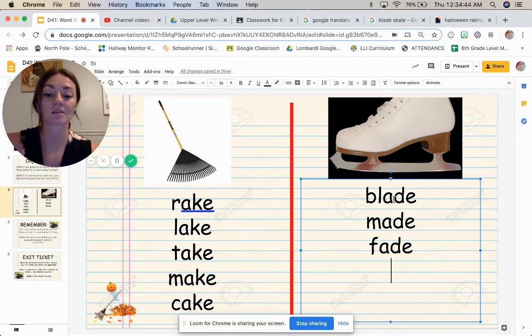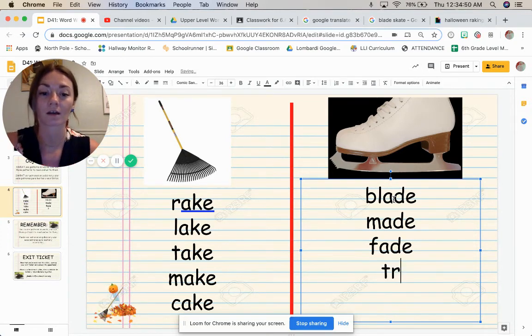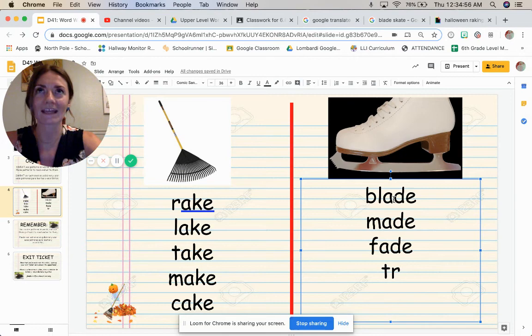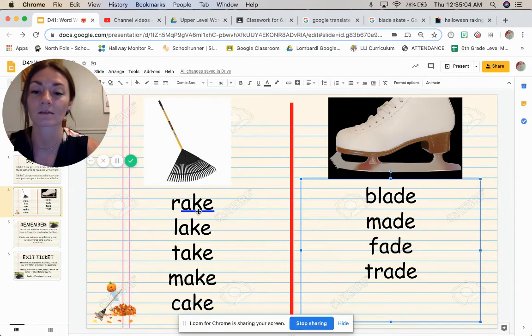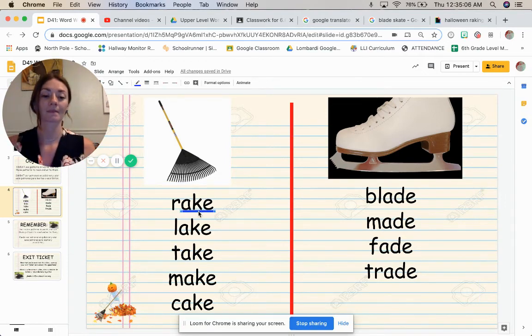T, t, t. That is the R. Tr, tr. Did I say the R? The T. T, R. Trade. I'm saying the letter A. I know that sound. D, d. That's the D. And again, it's going to end with a silent E.